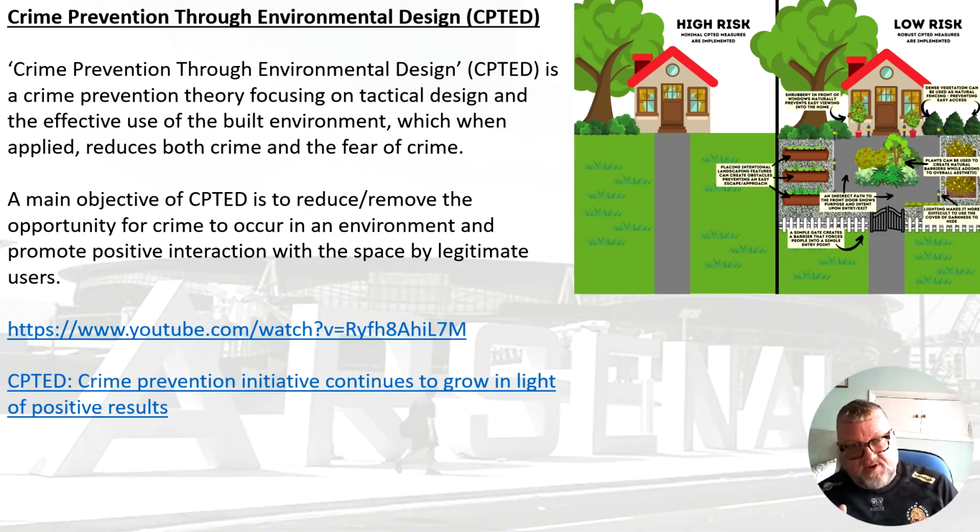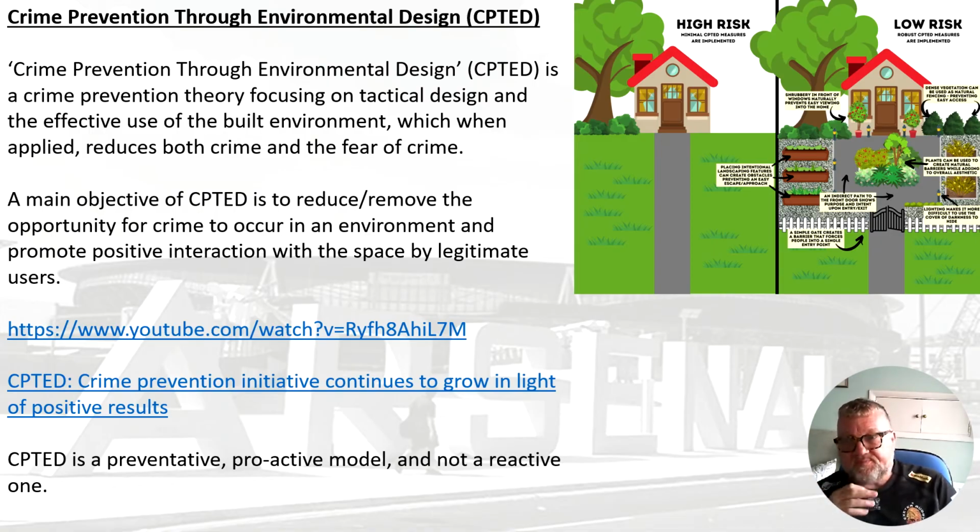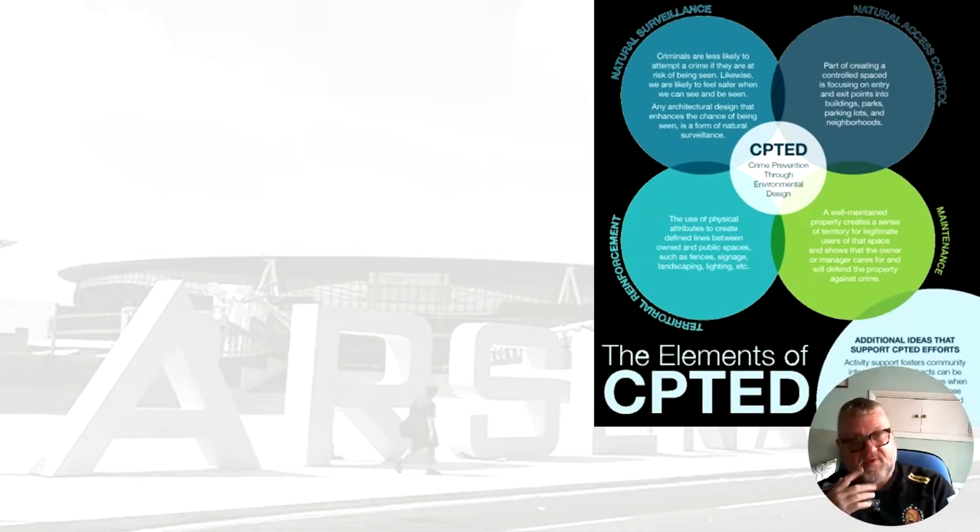There are a couple of PowerPoint YouTube clips there that you can go and have a look at, which explain that. So CPTED is preventative, it's proactive, and it's definitely not reactive. So let's delve a little deeper.